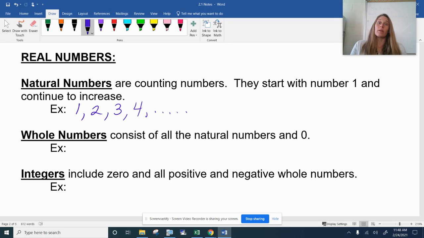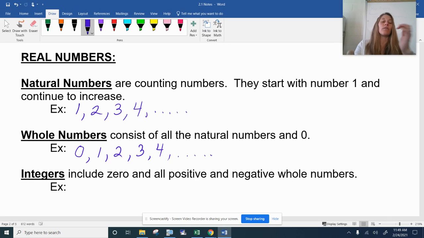But that brings us to our next category, which is called whole numbers. Yes, you can count with them, because natural numbers are technically whole numbers. However, whole numbers represent a value of something or the amount of something. This is why we can have a 0 here, because it's representing that something is absent or doesn't have any value.